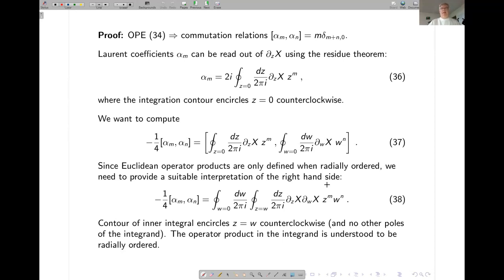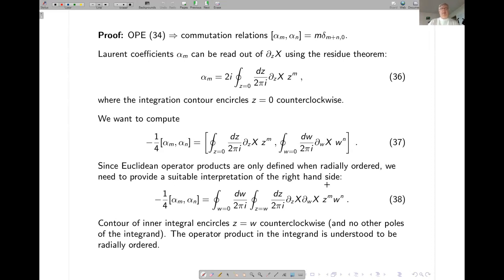But once we sandwich operators or products of operators between states in a Hilbert space, we get correlation functions, and then the question whether these infinite sums are convergent or not plays a role. We saw an example, and this represents the general case, that these operator products converge, or as one says, converge on the vacuum, if they are radially ordered.